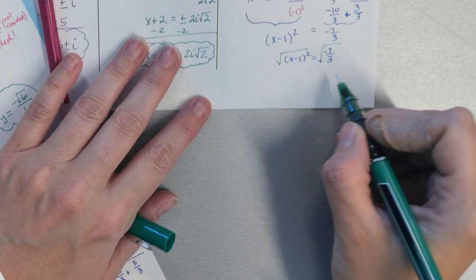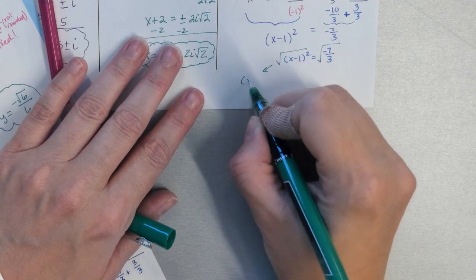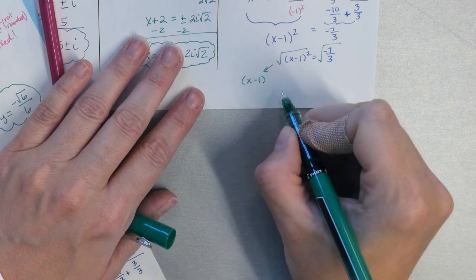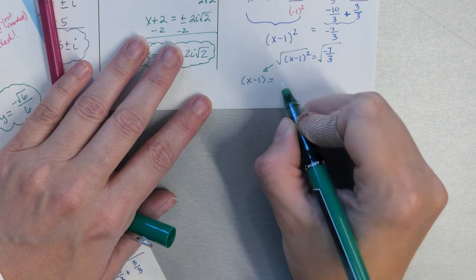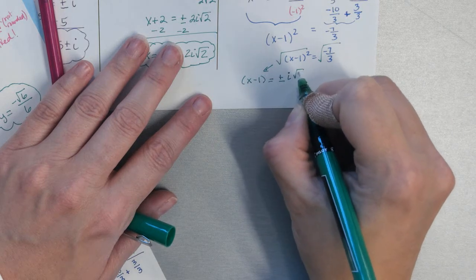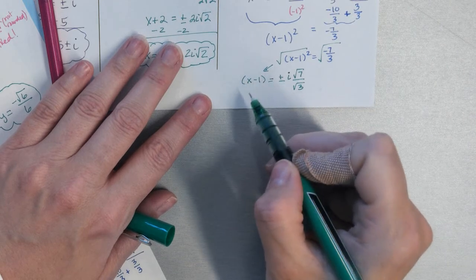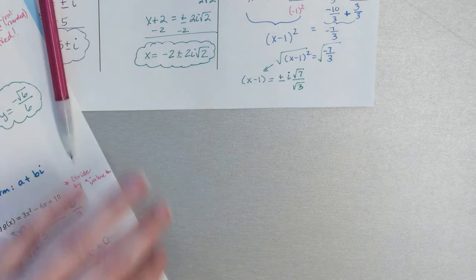Okay, and then when we're taking the square root, remember, I'm going to go this way so I have room. X minus 1 equals plus or minus, and then we can do i root 7 over root 3. And really, you don't need your parentheses there.